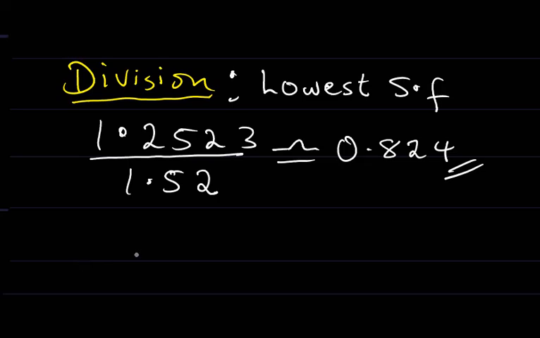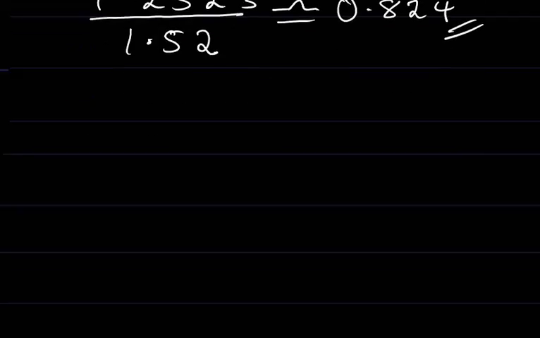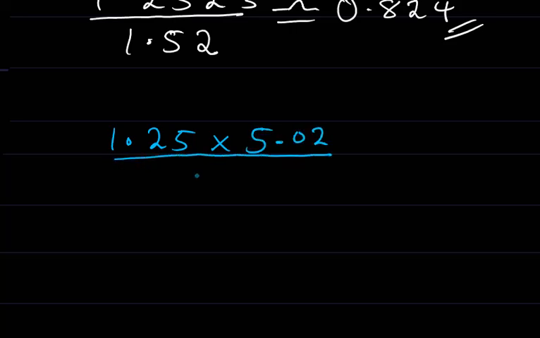So that simply means that if you have some calculation that involves a combination of multiplication and division, it's possible for you to have something of this nature: 1.25 times 5.02 then divided by 1.82.